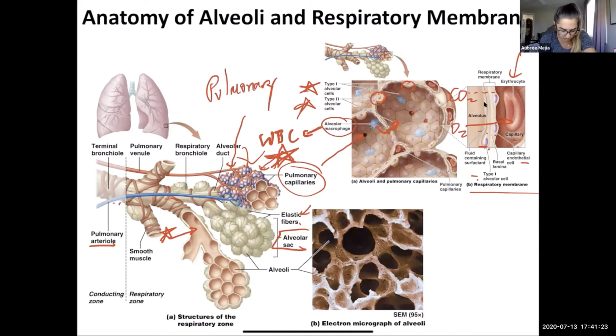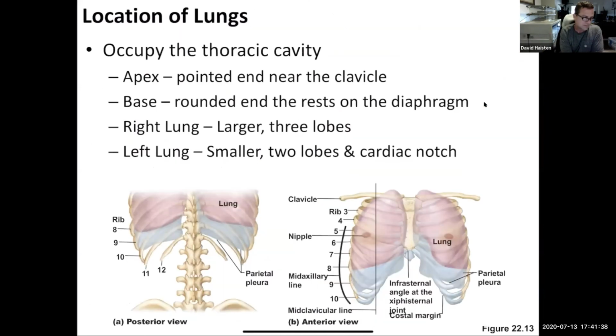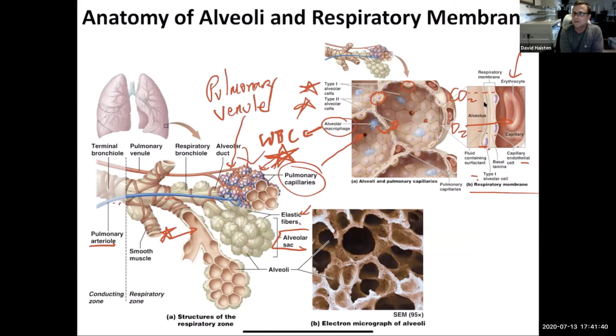Venule? Boom, there it is. Pulmonary venule. All right, which are going to converge into pulmonary veins eventually. So there you have it. Isn't that awesome?